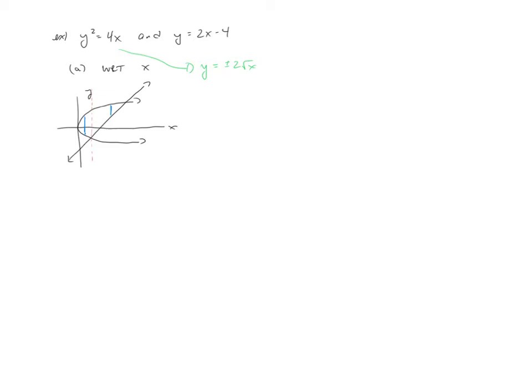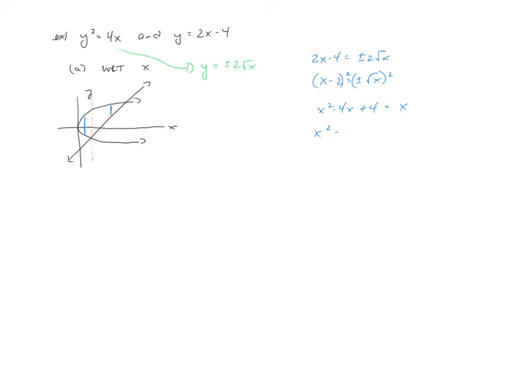So I'm going to take 2x minus 4, set it equal to plus or minus 2 root x. To solve this, I would end up squaring both sides, but before I do that, I think it's probably best, because of the 2 that's in common, we can divide that off just to make our numbers a little bit easier. So at this point now, I'll go ahead and I'll square both sides. That'll give me an x squared minus 4x plus 4 equals x.